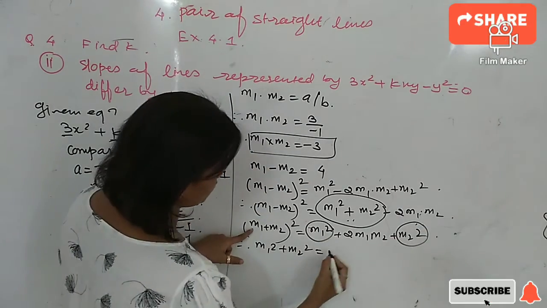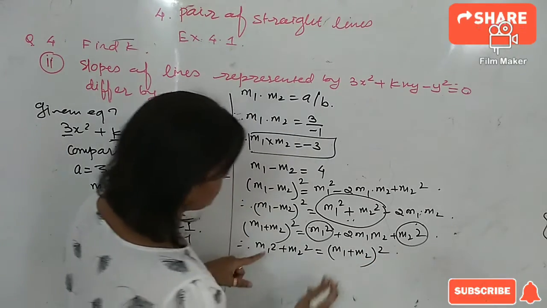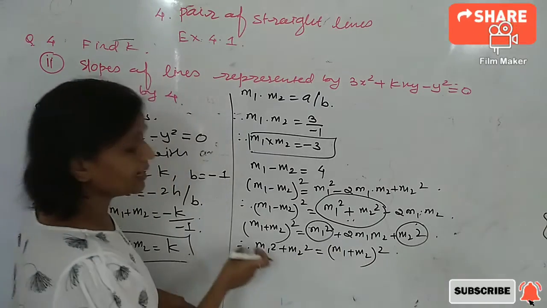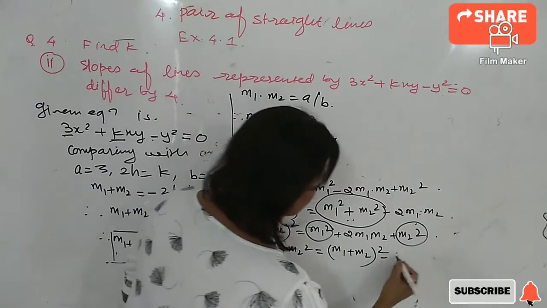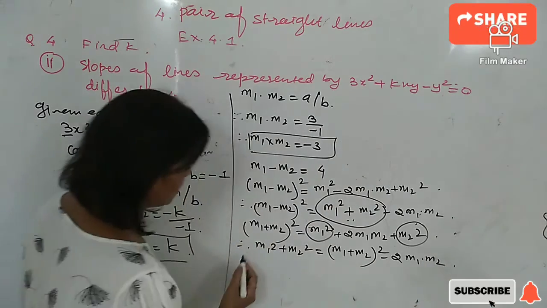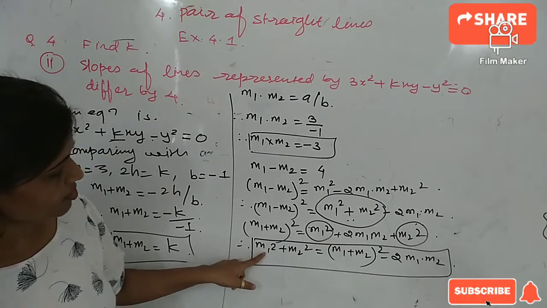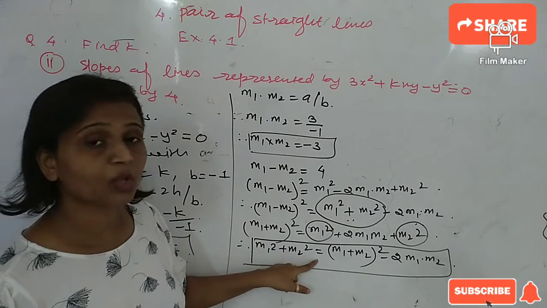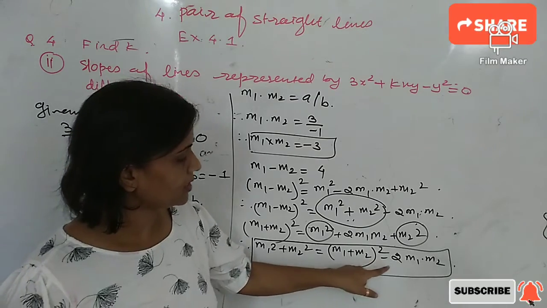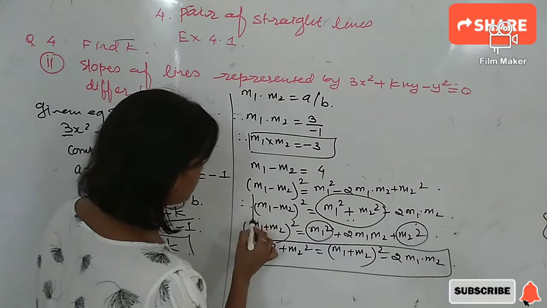This value is equal to m1 plus m2 whole square, minus the plus term, which becomes minus after shifting it to the LHS, so we get minus 2 m1 m2. So this is the value of m1 square plus m2 square, m1 plus m2 whole square minus 2 m1 m2. I am just putting this value in this expression.